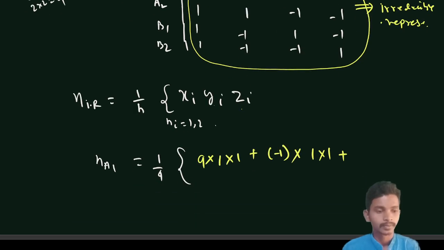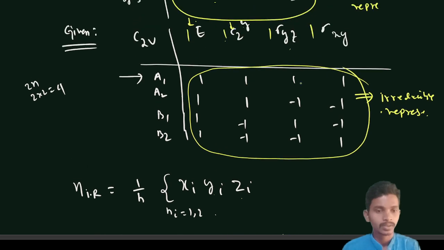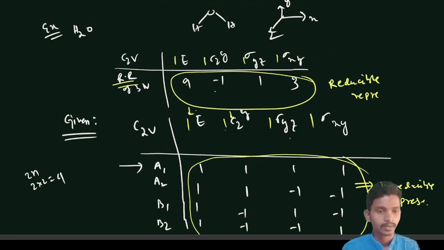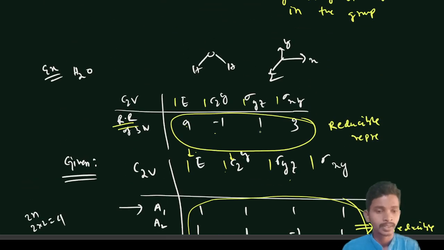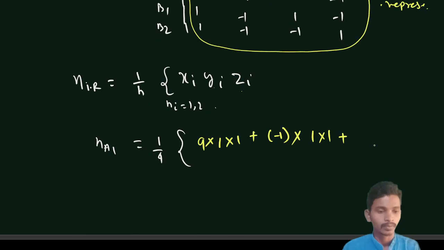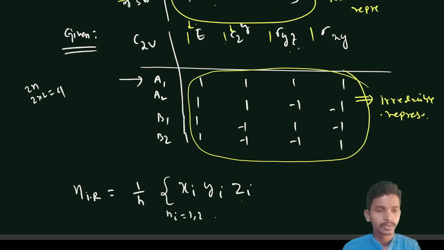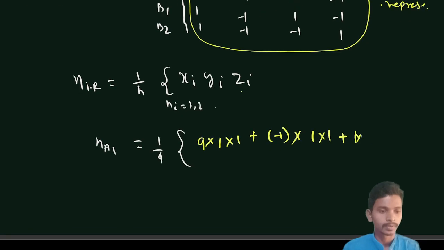After that I go for sigma yz. The reducible representation for sigma yz is 1, I will write 1, and the irreducible representation is 1, and the coefficient is also 1.